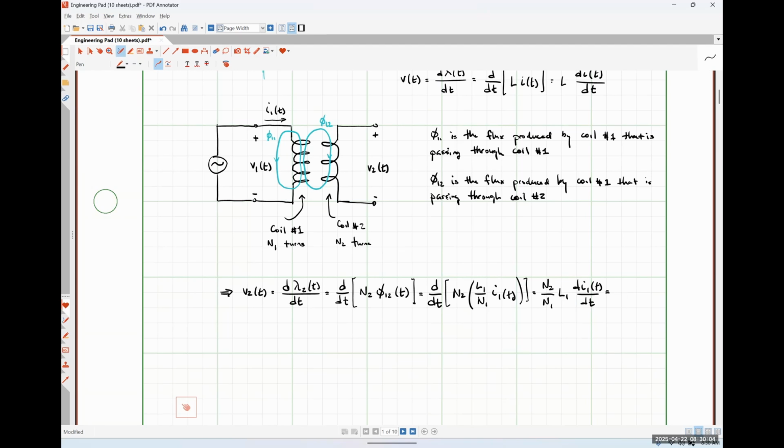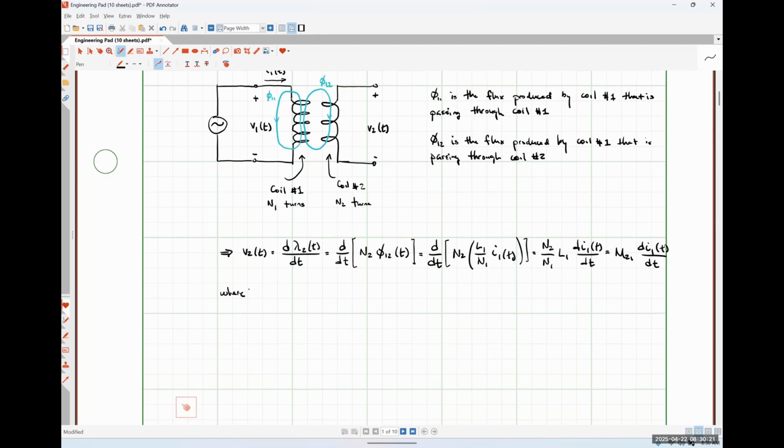And I'm going to call this M21 times the derivative of I1 with respect to time, where M21 is the mutual inductance of coil 2 induced by current I1 of t.